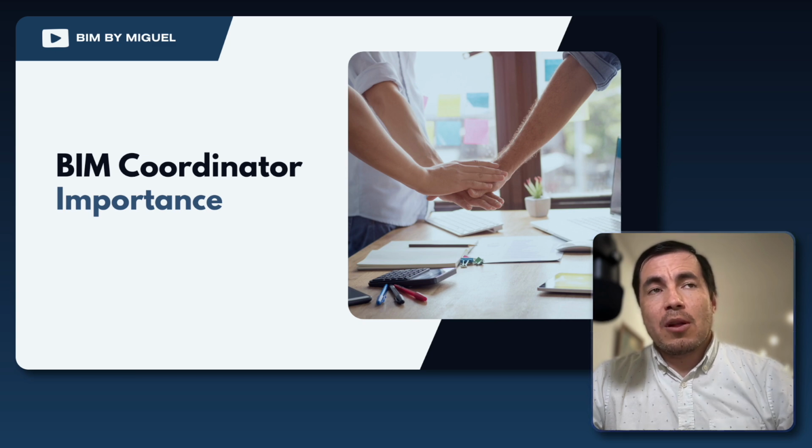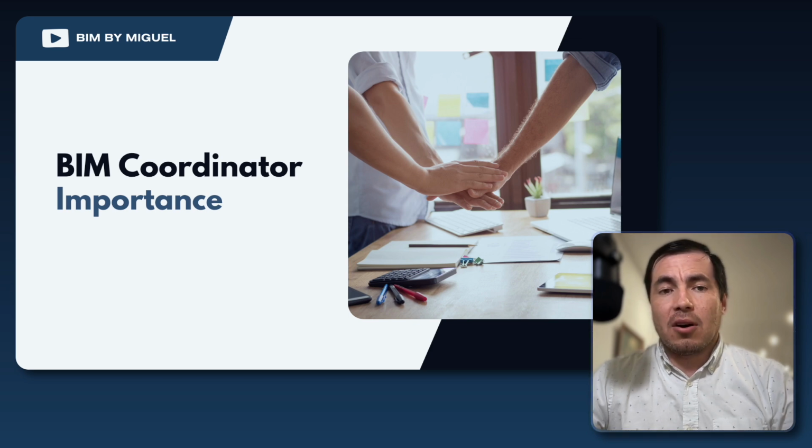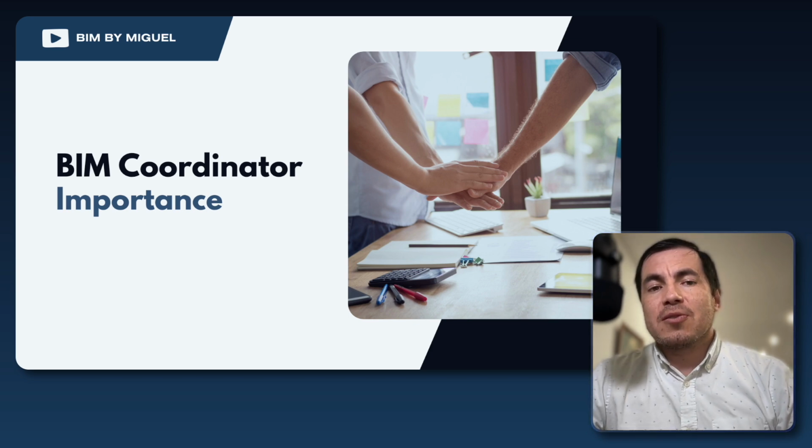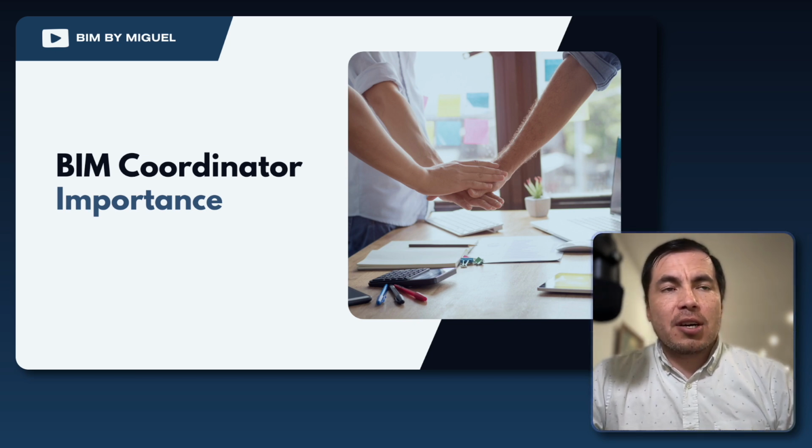Because they usually work with the project manager and they understand the project better than anyone else, in the sense that they know the models. They know the federated model, which is the combination, when you compile all the models into just one main model, and they perform clash detection and design checks to make sure that it is in agreement with the contract.